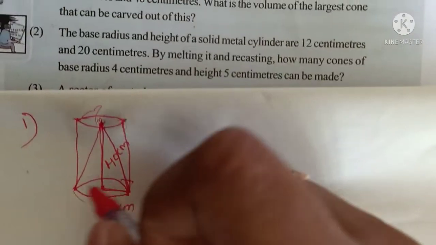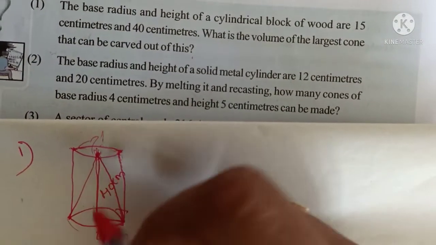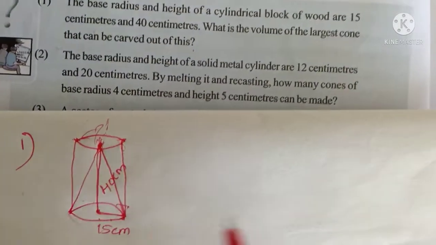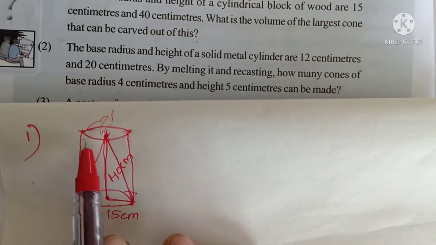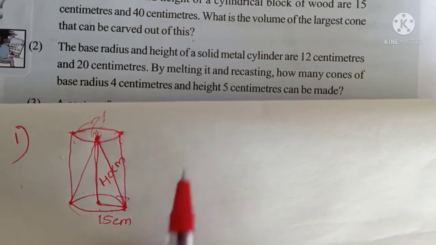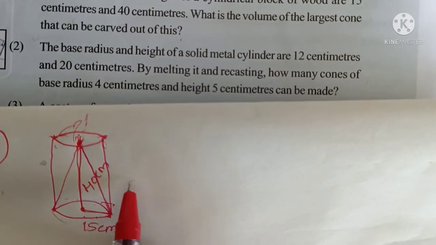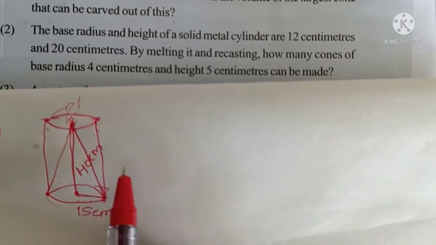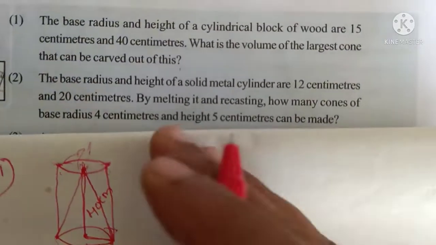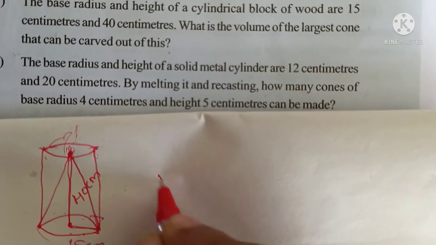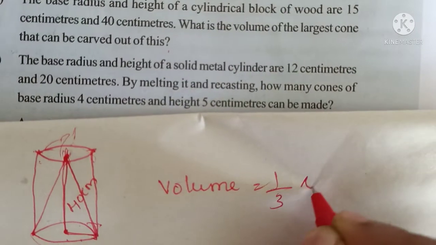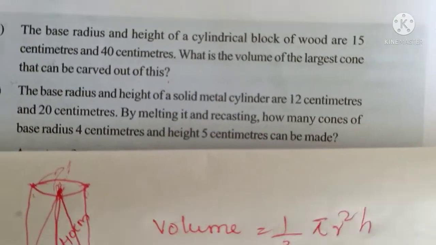If their base radius and heights are equal, the volume of the cone is 1/3 of the volume of the cylinder. We know that the volume of the cylinder is pi r square h, and the volume of the cone is 1/3 pi r square h.